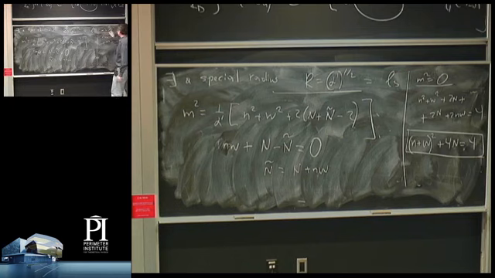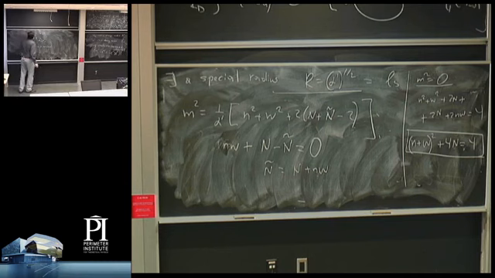So on this special circle, the massless mode satisfies the following condition: (n plus omega) squared plus 4N equals 4. Okay? And remember that n and omega are integers.